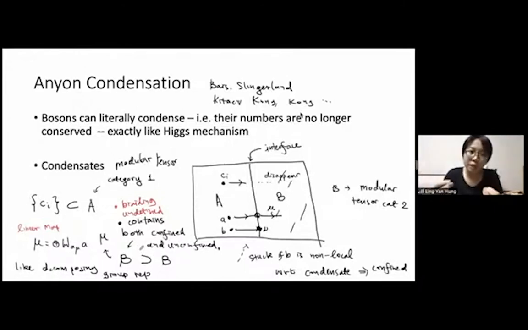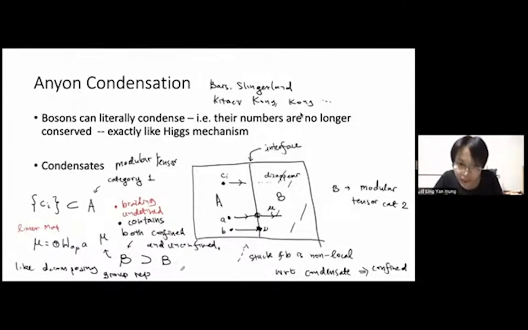This set of objects is a rearrangement of combinations of A. It's a direct sum of objects in A, and they would be able to fuse in general.